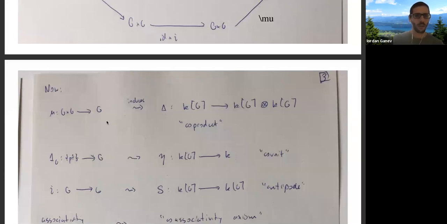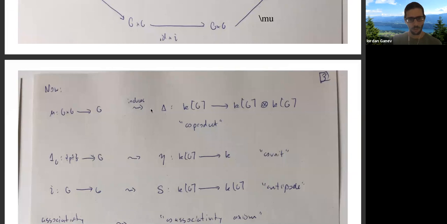If we have a function from G to our base field K, we can precompose by mu to get a function from G cross G to K. The affine algebra of G cross G is this tensor product, as we talked about last time. So we get this pullback map, and this induces the map.